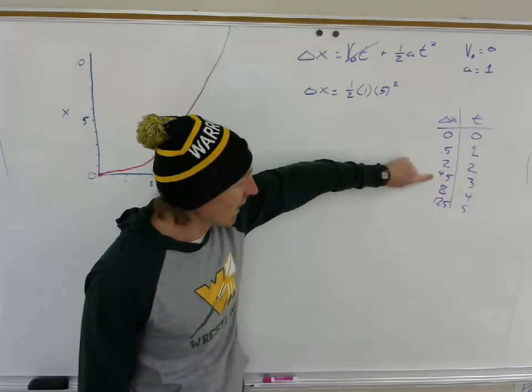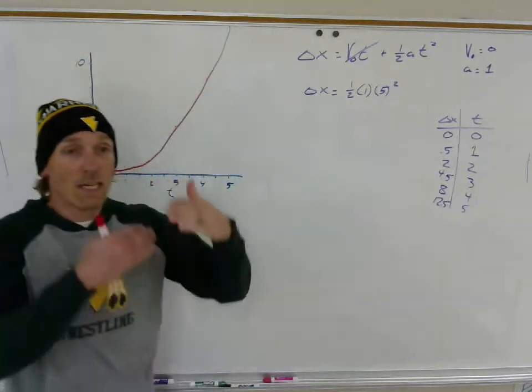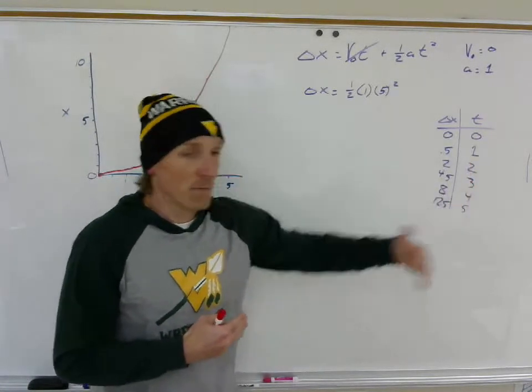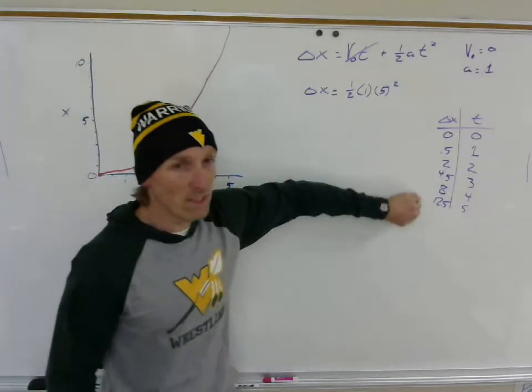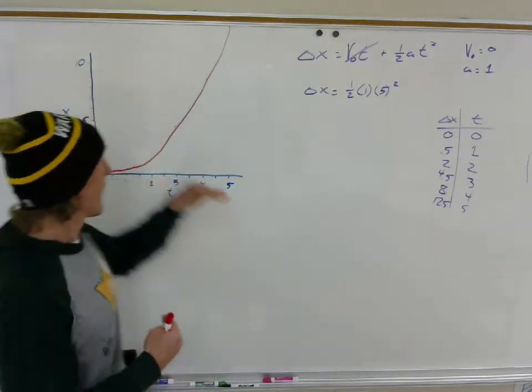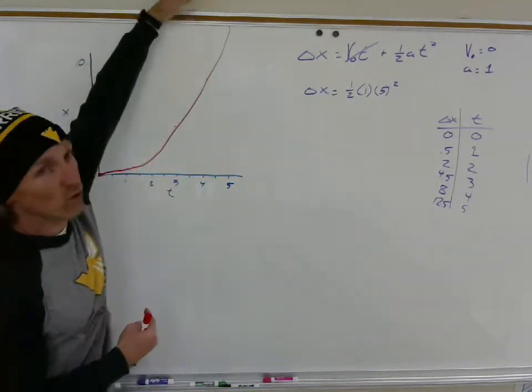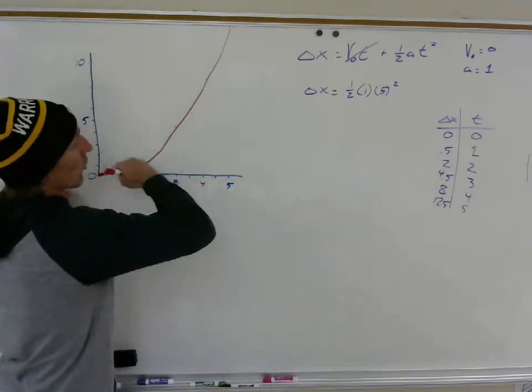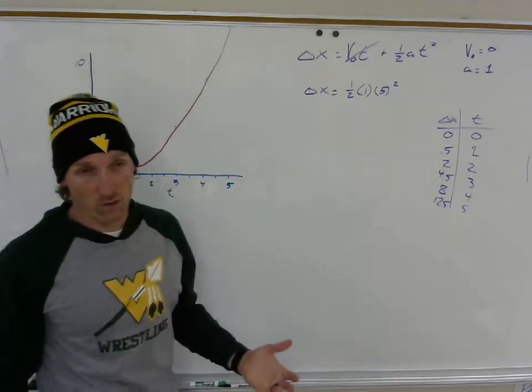Then it went 3.5, and then it went 4.5. So it's adding more and more every single time. Because it's covering more distance for every second that passes, I increase upwards, and that requires a curve when there is acceleration.